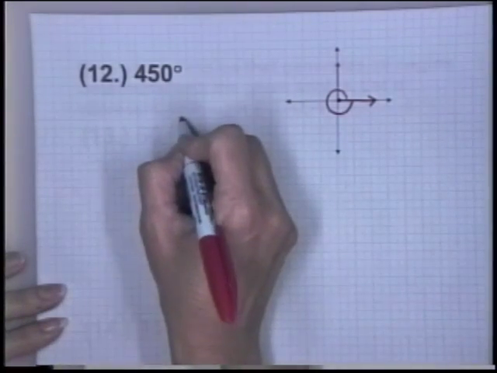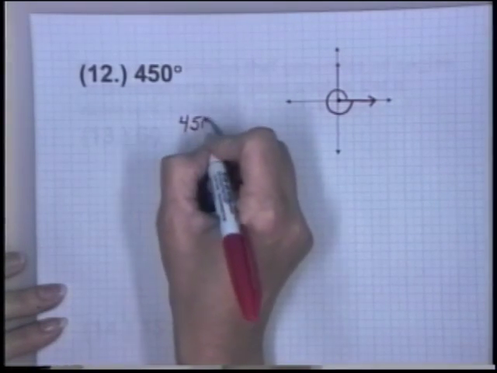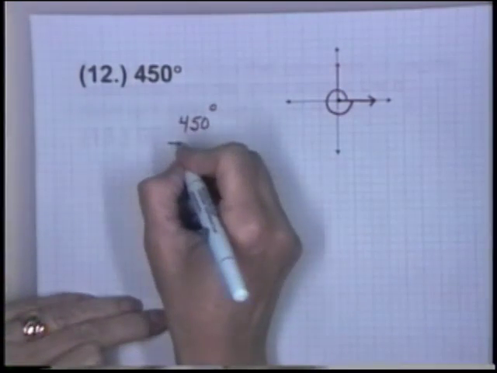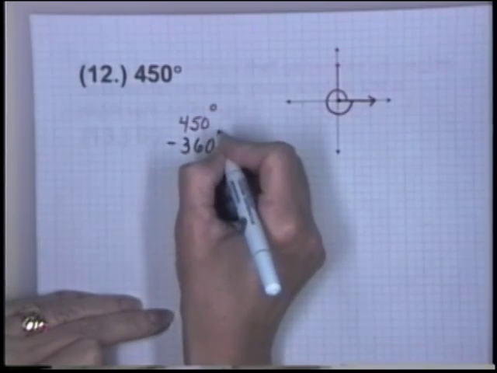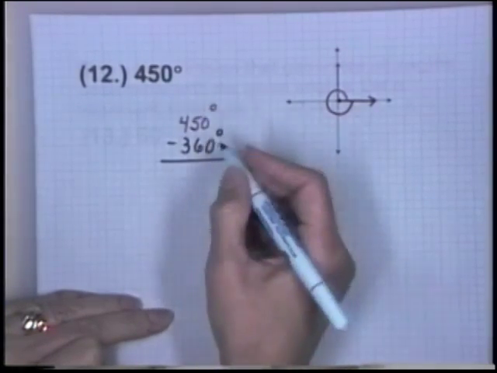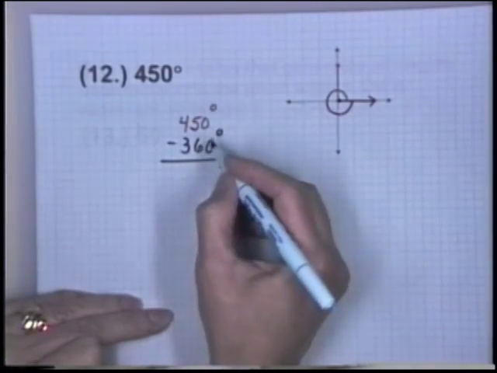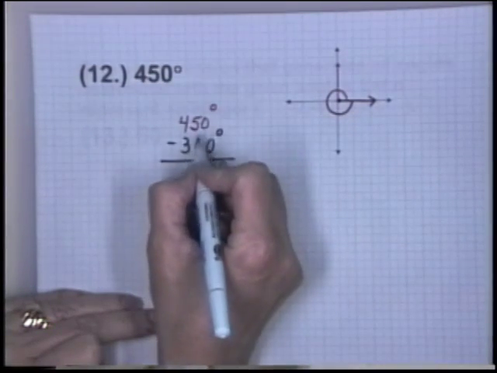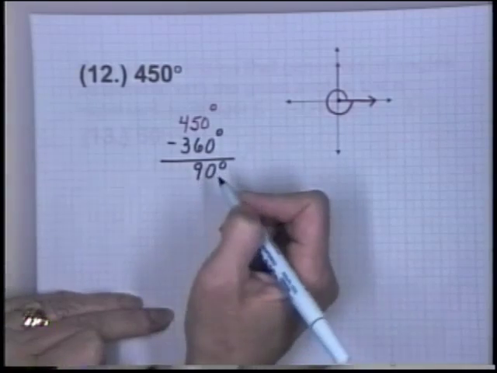To do that, we will subtract 360 degrees from 450 degrees. When we subtract, we get 0. 6 from 15 gives us 9.